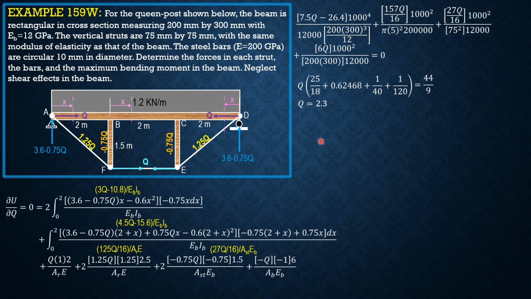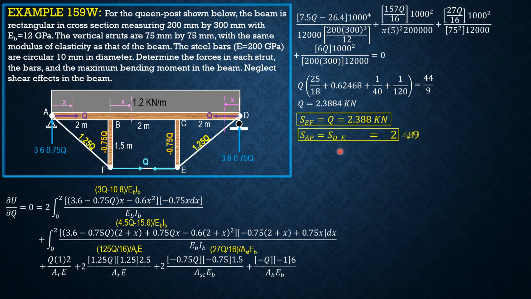We can now solve for Q. Q is 2.3884 kilonewtons, and from there we can compute the forces in the struts, the bars, and the maximum bending moment. So this is the force in EF, tension 2.388 kilonewtons.